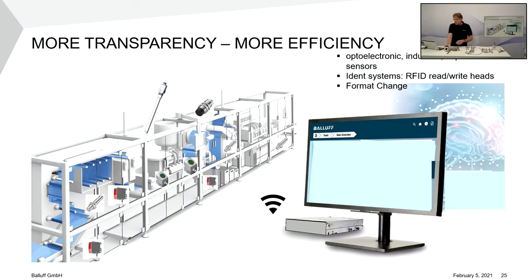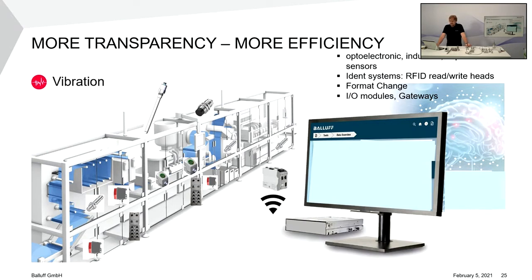Or if it is I/O modules together to collect all these additional information, we are working with these networking or I/O modules. And we are going to use a gateway to transport this information to the next level.